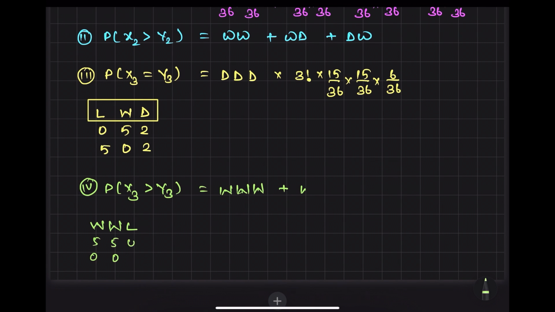So a loss means what? 0 and 5. Okay. So 2 games won, so it's 10 points. This is correct. 2 won, 1 lose. This is also correct.